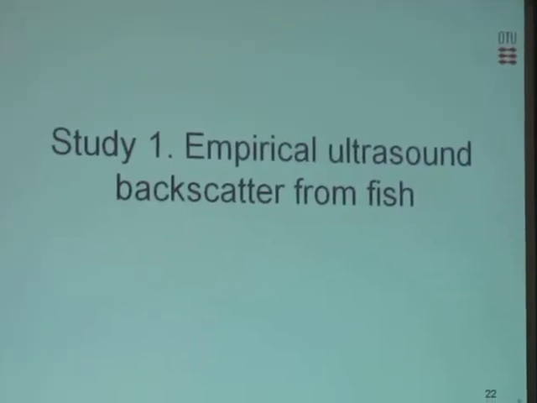Now we come to the first study, empirical ultrasound backscatter from fish. We have some hypotheses for this study. First is that the ultrasound backscatter of a certain type of fish has patterns that are characteristic for that type of fish.